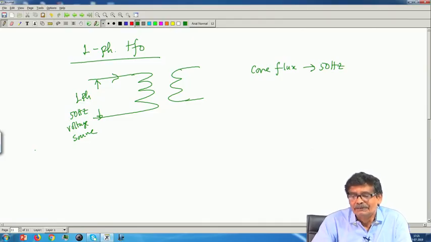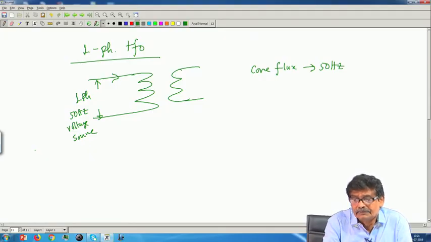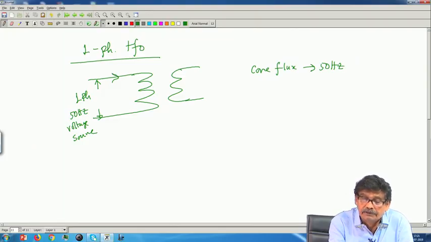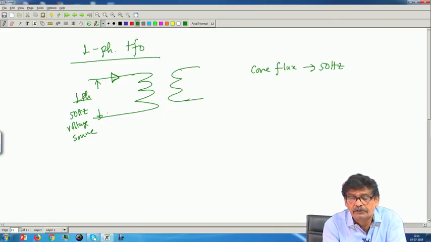People say that okay, you imagine first that the magnetizing current drawn is 50 hertz only. Suppose you start arguing like that, 50 hertz current is drawn, flux will be distorted, fundamental and third harmonic.